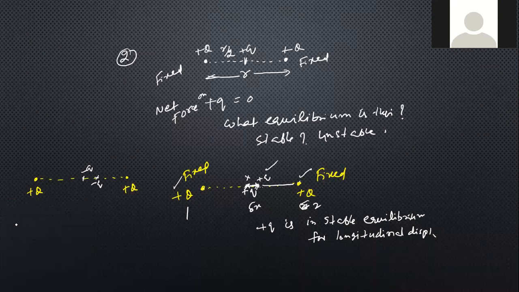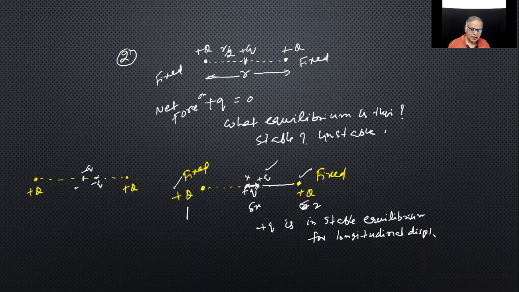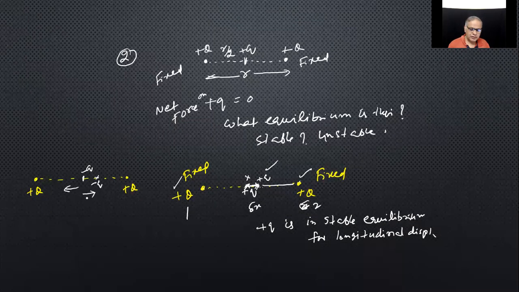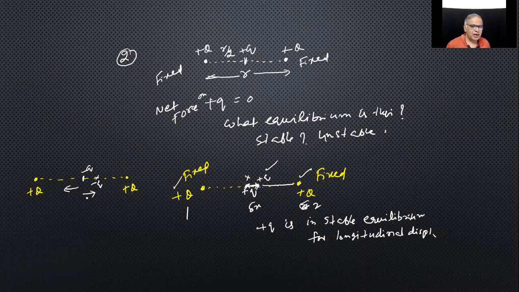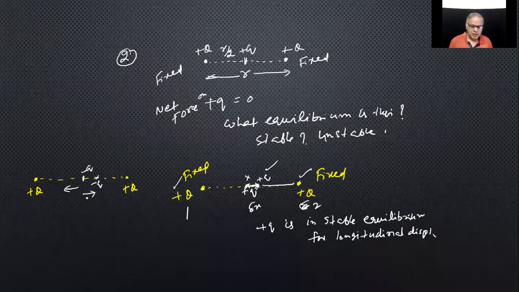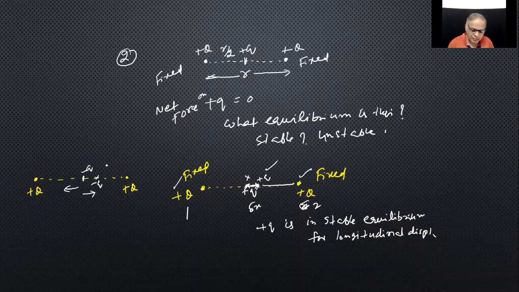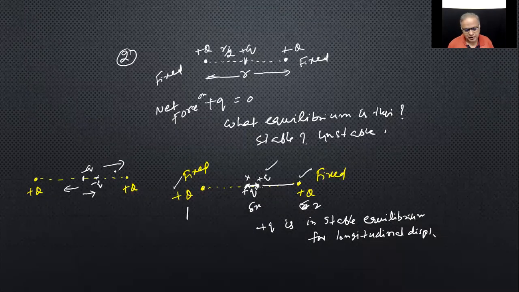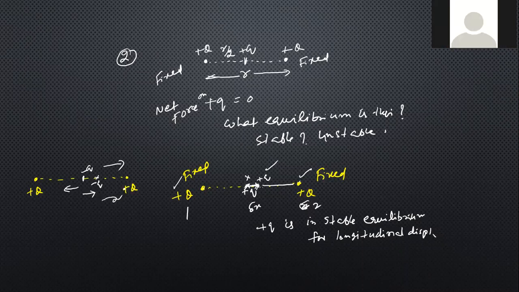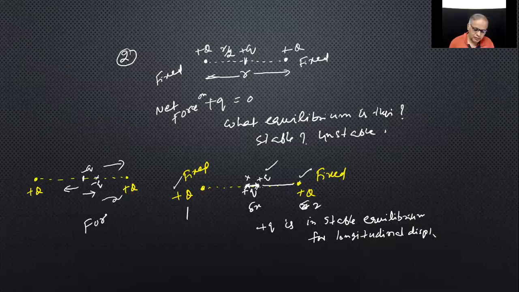So they attract to the second. See here, they were being attracted equally, children. That's why it is at rest, but not in a stable equilibrium, because if I displace it slightly this side, it will further come this way. Why? The attractive force has increased because the distance has decreased. So for minus q, for longitudinal displacements, it is unstable.